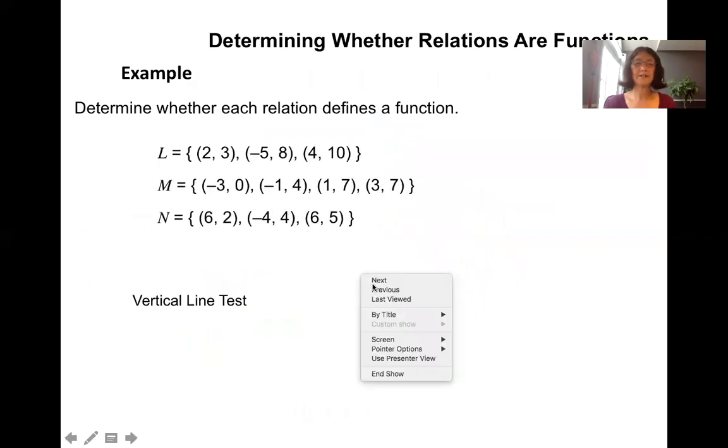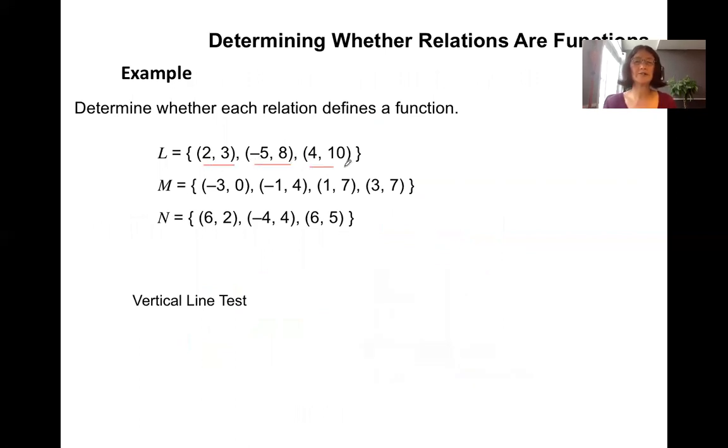So those are examples of relations. Any ordered pairs form a relation. In this relation you have three ordered pairs, and here you have four ordered pairs for M. And if you have different x, you get different y. Let's look at the next one. This is a relation because any ordered pairs form a relation.